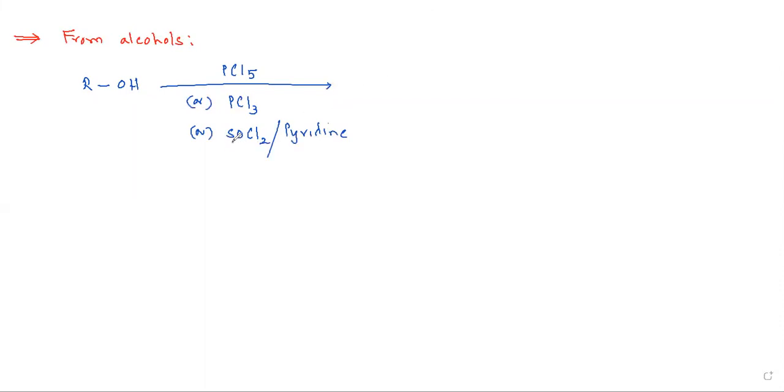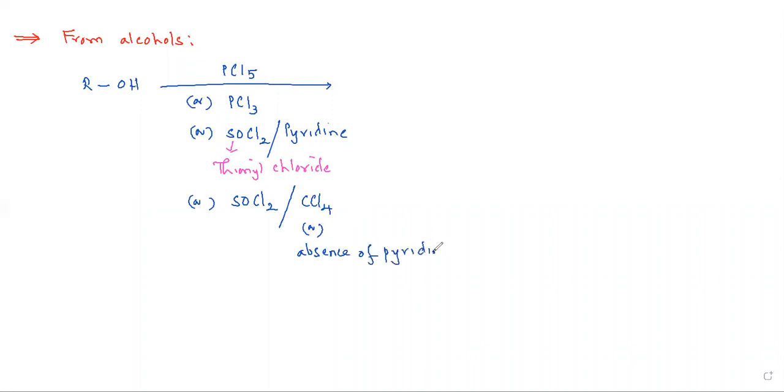Okay, so this is thionyl chloride. Then there is the same thionyl chloride but in the absence of pyridine, or you can use carbon tetrachloride. Okay, let me tell you that here the mechanisms are different.